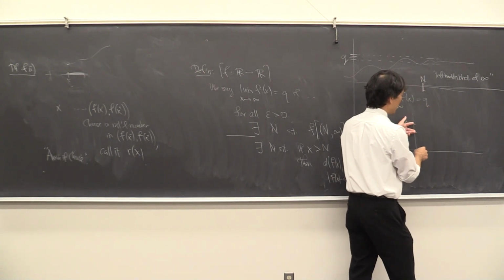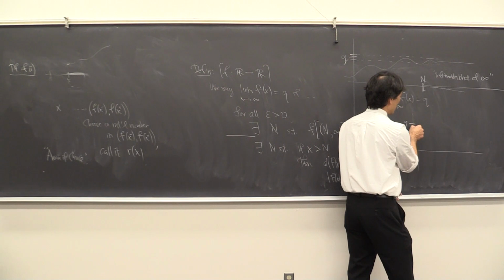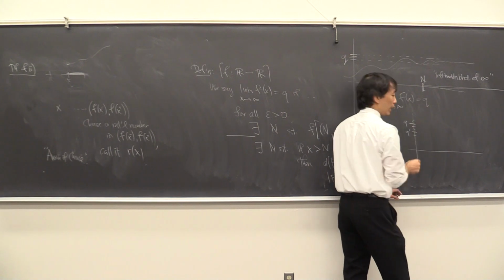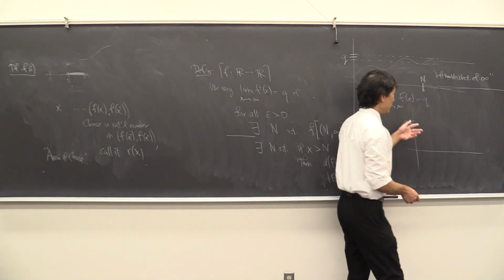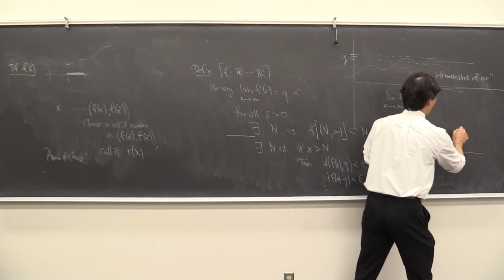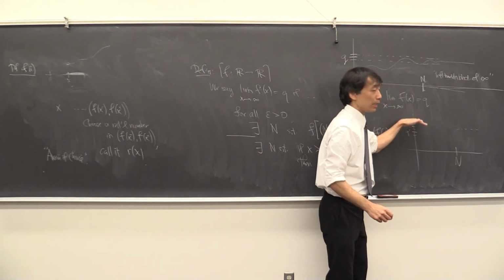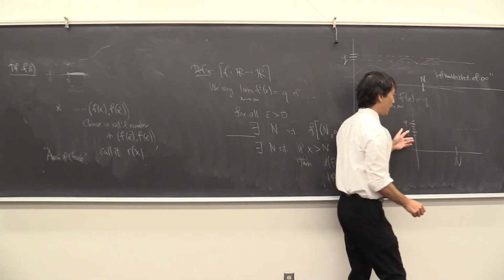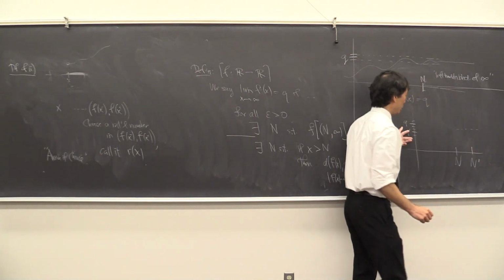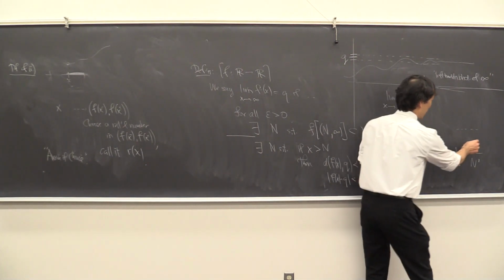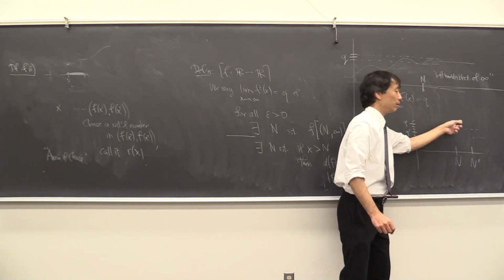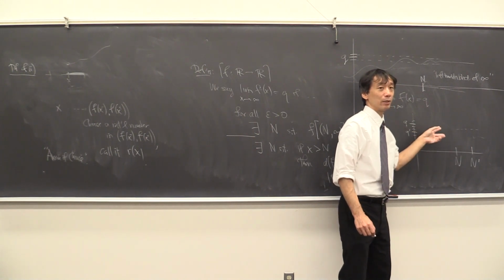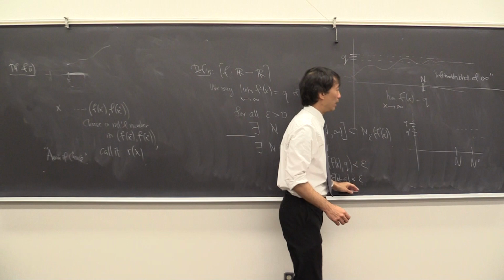Take epsilon to be smaller than half the distance between q and q prime. If the limit is q, there's some point past which everybody's inside those two bars. If the limit is q prime, there's a point past which everybody's inside this other thing. But then if you're past both of them, the point should lie in both neighborhoods simultaneously, but they don't intersect. It's the same proof as in the finite case.